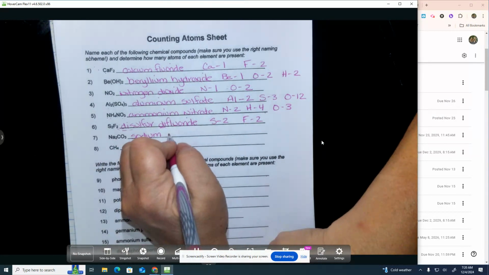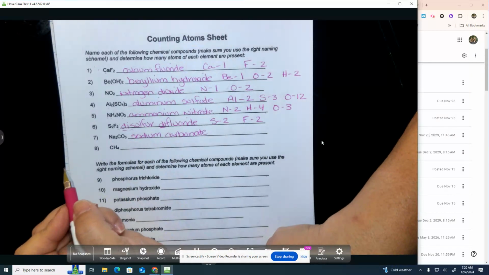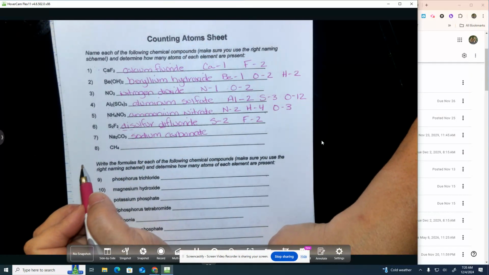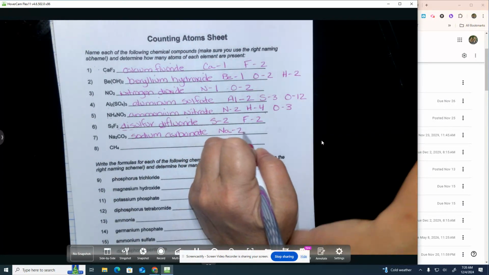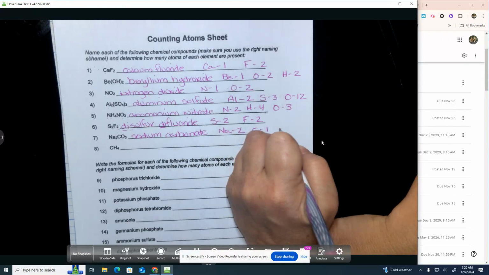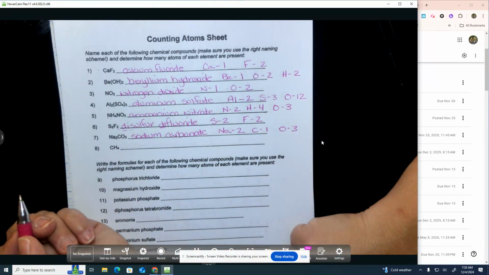Yeah, carbonate. Good. Okay, not dicarbonate, just carbonate. Sodium carbonate. How many sodiums are in there? 2. How many carbons? How many oxygen? 3. All right, last one.